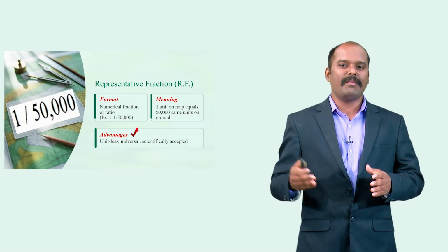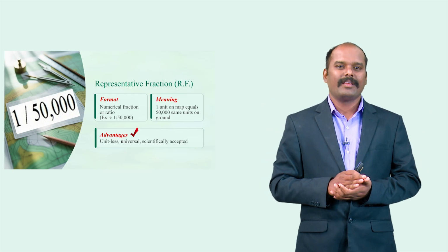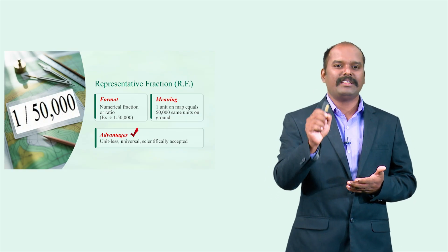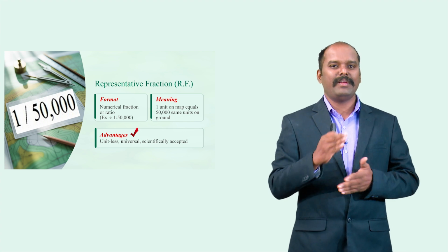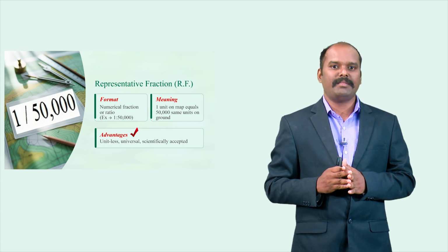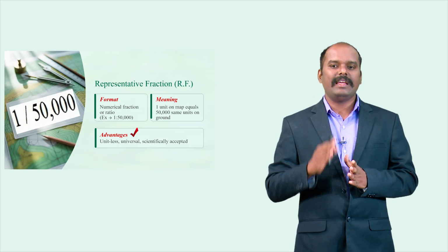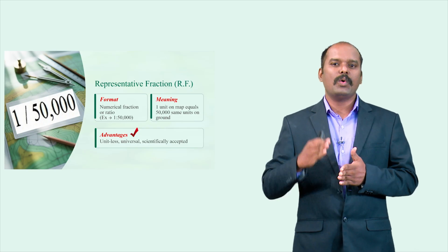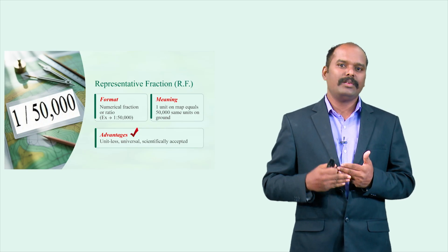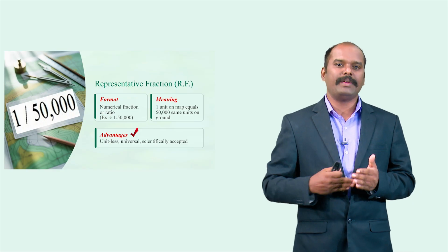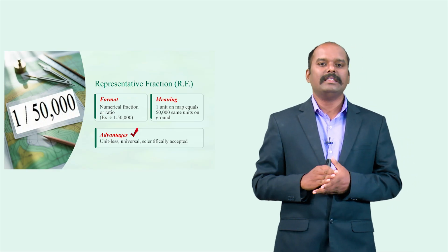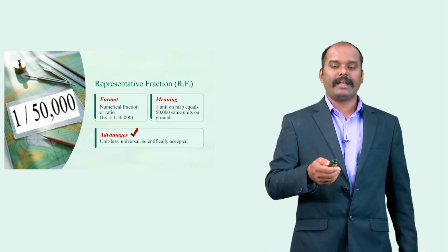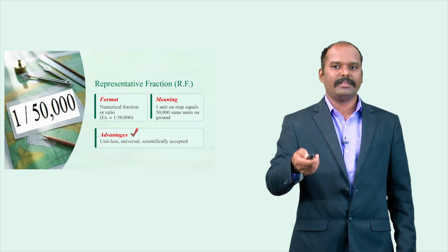Unitless means it is common for all units, because a measuring unit such as centimeter or inch is not written there. Okay. It can be applied to any system of measurement, and it is universally accepted, meaning most of the cartographers and students who are involved in map making, cartography or geospatial analysis follow this type of representative scale. And it is accepted by all kinds of people.